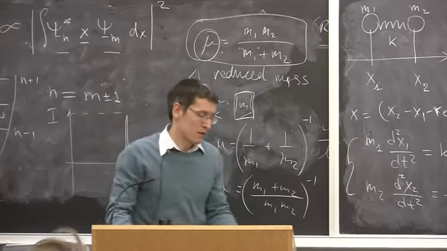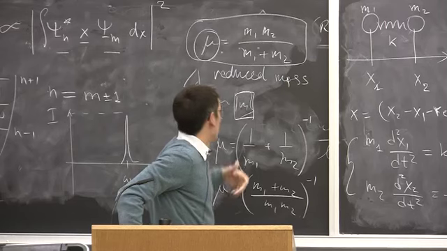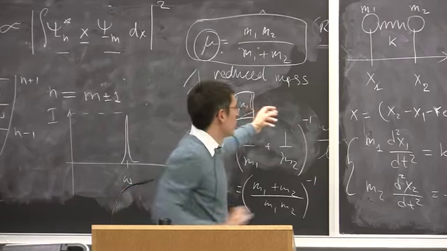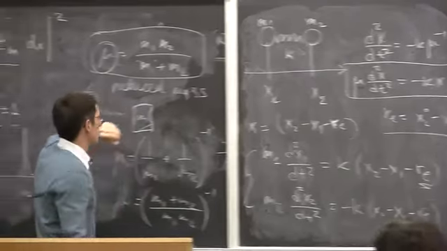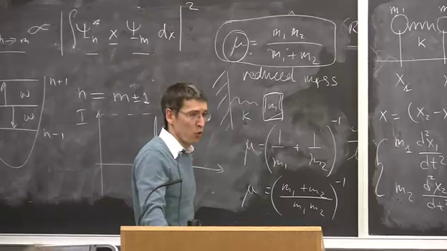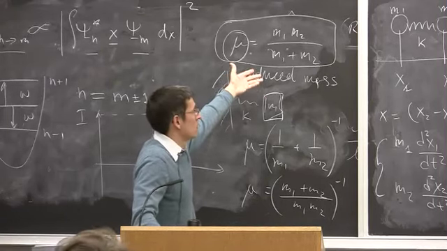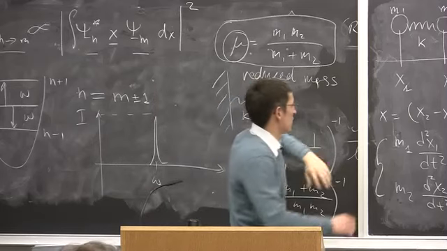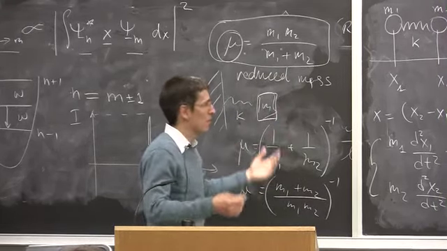Okay? And so then, if you do that, you are able to essentially reduce the problem with two centers to internal vibration of just a relative coordinate, but with a reduced mass instead of just, well, the mass that we considered before was m.